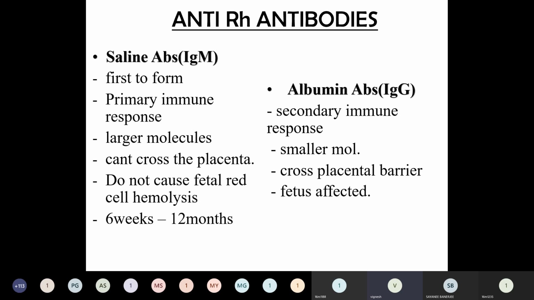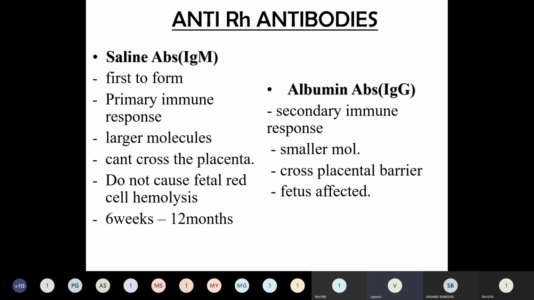The saline antibody is immunoglobulin M. It is the first to form in response to a first antigenic stimulus. It is a primary immune response. It is a large molecule with a molecular weight of about 50,000 daltons. Because of its heavy molecular weight, it cannot cross the placenta and does not produce fetal red cell hemolysis. It is usually present from 6 weeks up to 12 months.